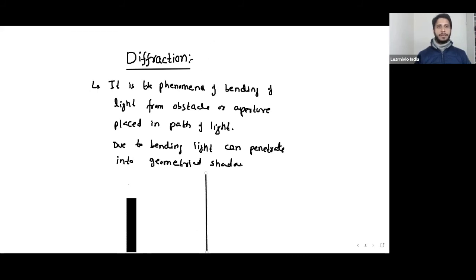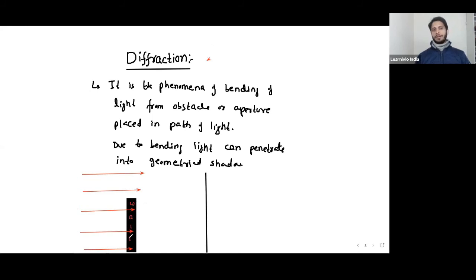And I'm incident light waves all over here. So this is a wall. Light cannot penetrate a wall. Wall is opaque.